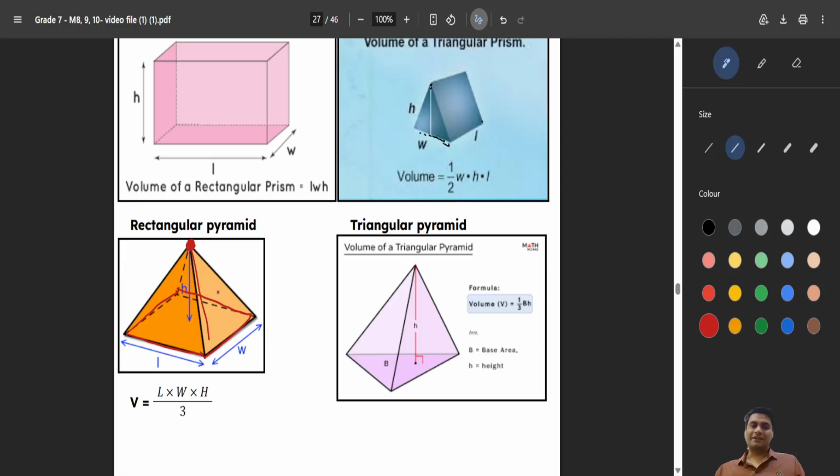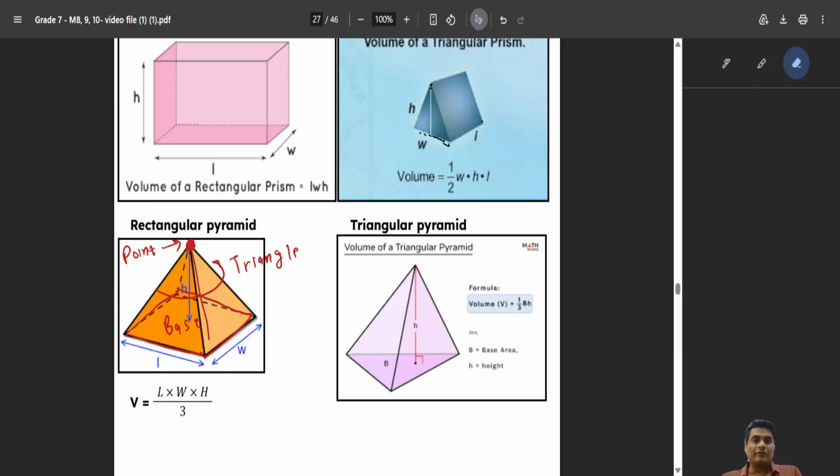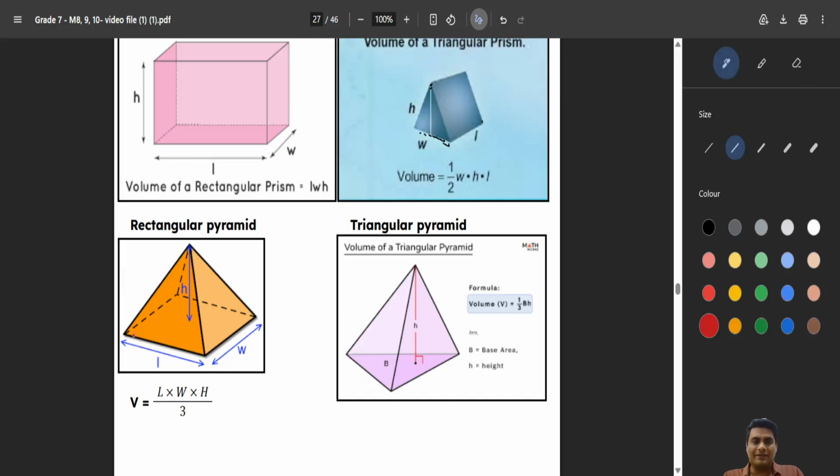So whenever you have this kind of shape, a point at the top, having a base, and triangles which are making the point, we call it a pyramid. Okay, how will I name this pyramid? We will name the pyramid on the basis of the shape of the base. Here the base is a rectangle, correct? So I will call it a rectangular pyramid.